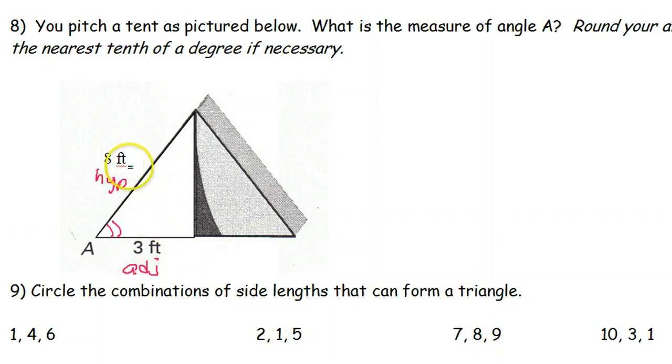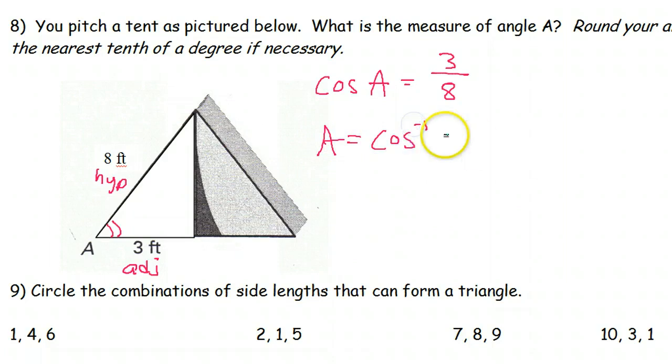Adjacent, hypotenuse, that's right, the cosine function. So the cosine of A is adjacent over the hypotenuse, 3 over 8. So if you want the angle out of it, you're going to need the inverse cosine. So the inverse cosine of 3 over 8. And you can just put that in your calculator.